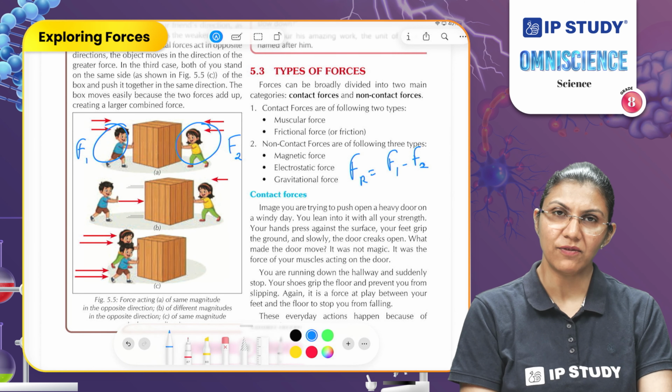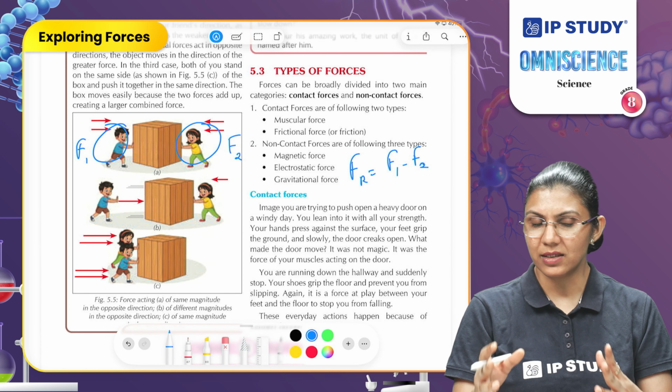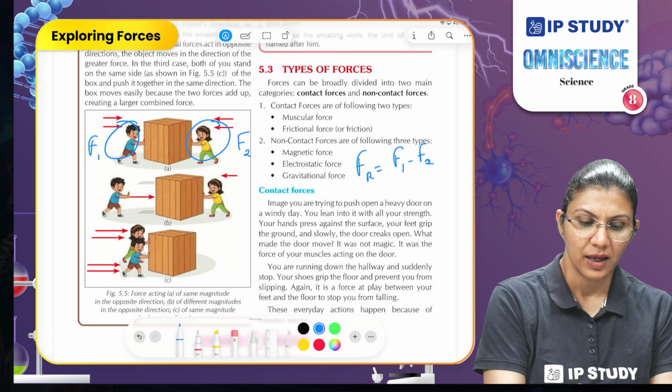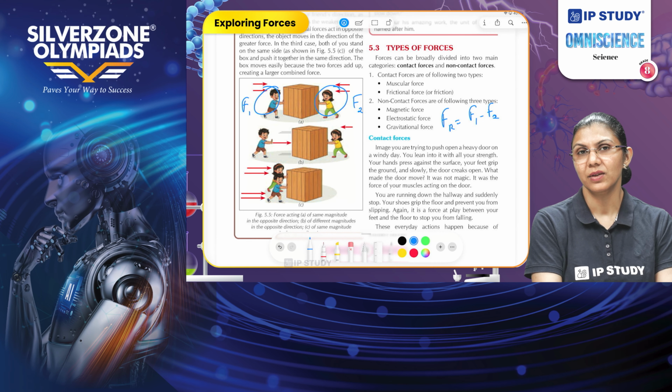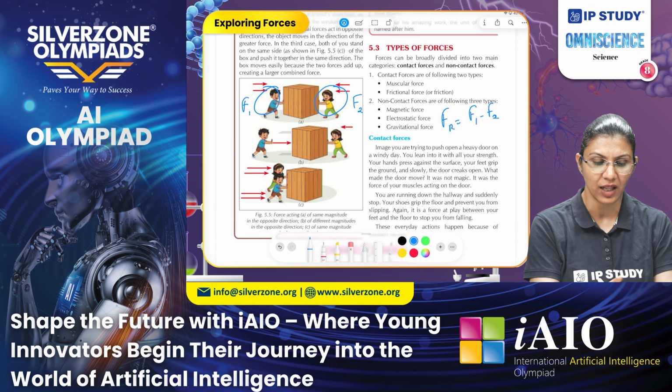So, if F1 equals F2, then the result will be 0, meaning the box will not move at all. If one of the persons is applying greater force than the other, what will happen?